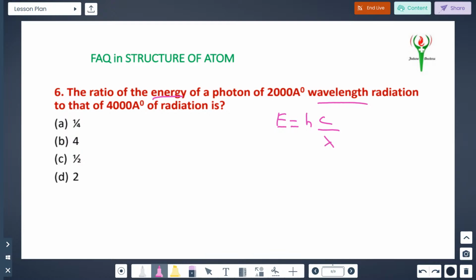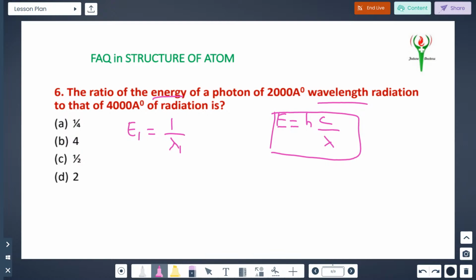See here, this one you should remember. Then we can write, easy one. Suppose E1 means 1 by lambda 1. Understood? Others are constant, don't worry about that. We are going to compare only energy and lambda. Then ratio of energy of photon of 2000 angstrom wavelength radiation to that of 4000 angstrom of radiation.